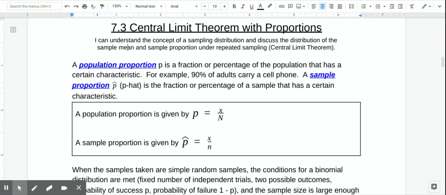And then a sample proportion, we call it P hat, is the fraction or percentage of a sample that has that same characteristic. So some notation here. We have population proportion is just P is X over N. So N is the number of elements in the population.